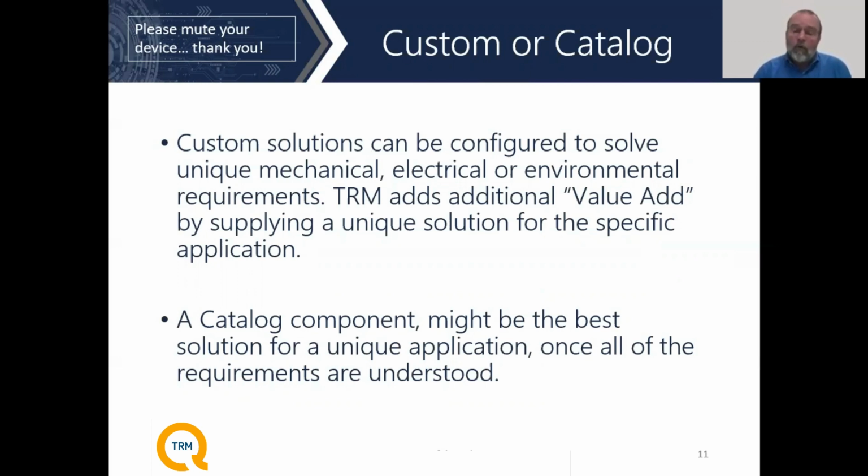What we do find though is that there's usually some additional value add that the system is usually looking for over and above a catalog part. And that's really where TRM tends to be quite successful, if there is some sort of unique identifying feature about the part that the customer requires.